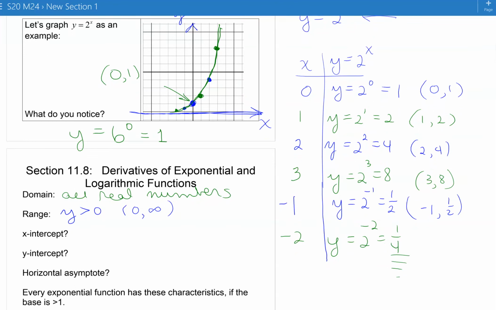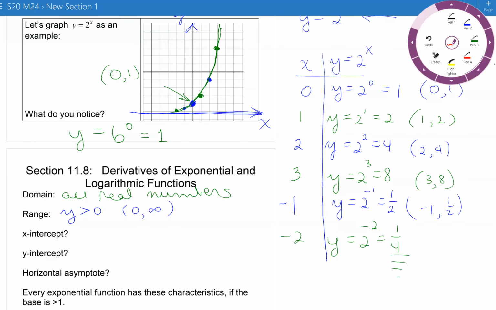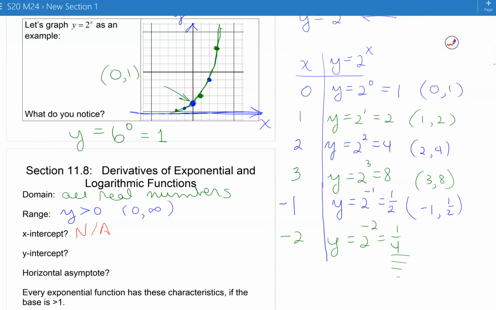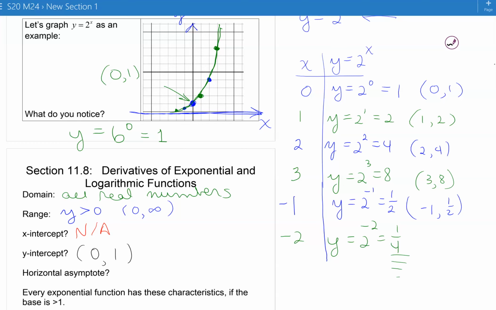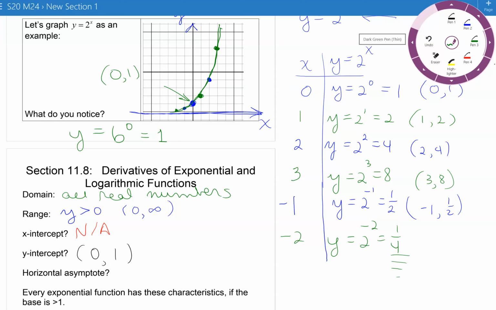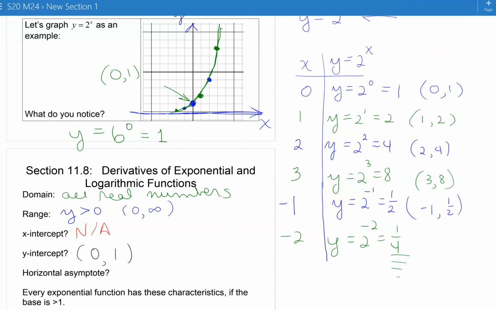Then there's no x-intercept, because this graph never touches the x-axis, but it has a y-intercept, and as we just said, the same y-intercept for every exponential graph. And then it does have a horizontal asymptote of the x-axis, which has an equation of y equals 0.